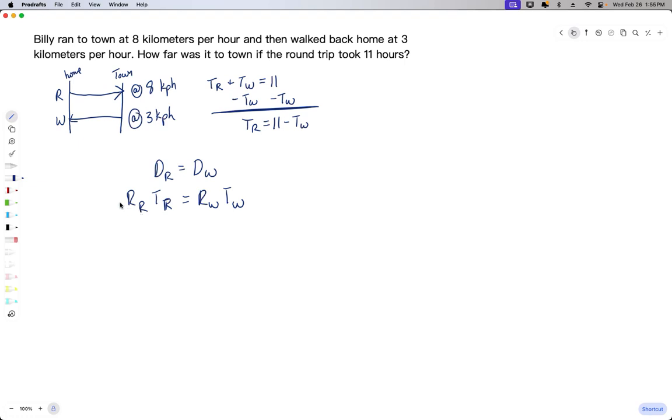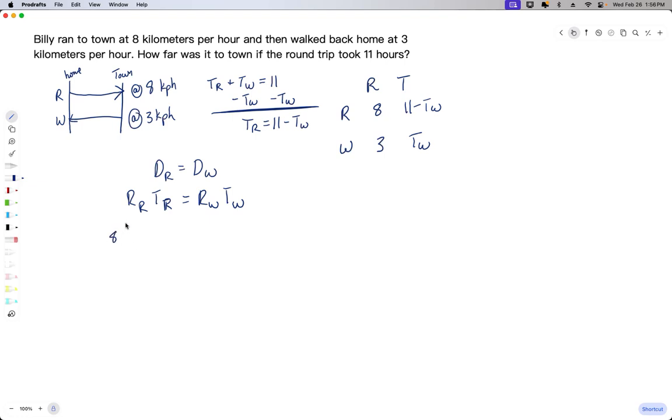So the rate, let's do our table. Rate, time, running, walking. The rate running was 8. The rate walking is 3. The time running is 11 minus TW. And the time walking is just TW because we don't know what that is.